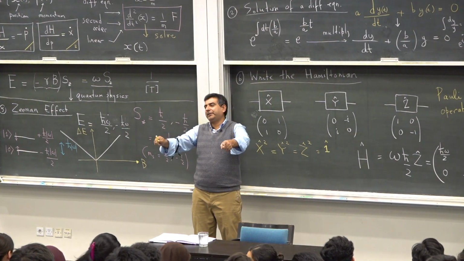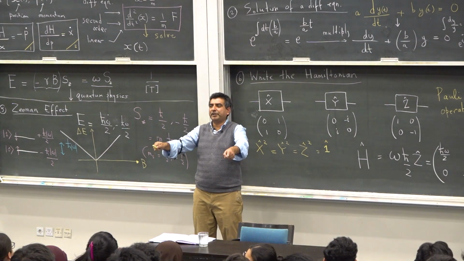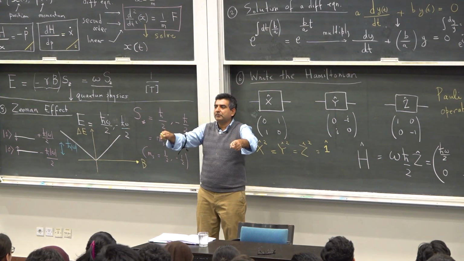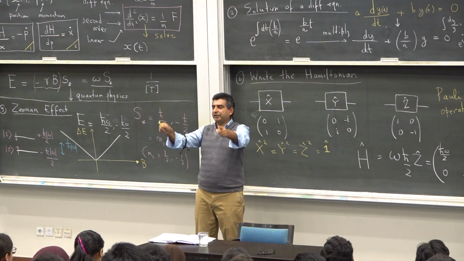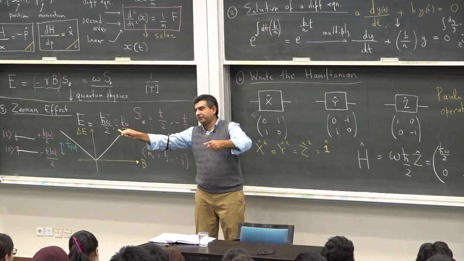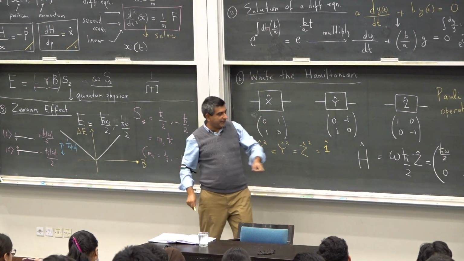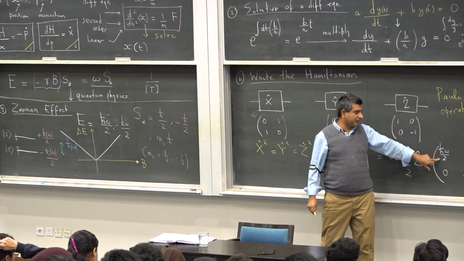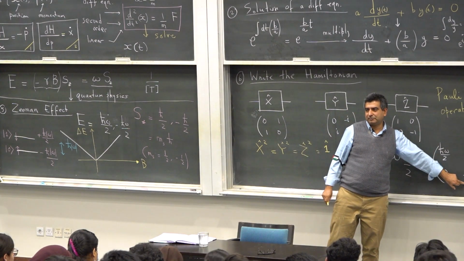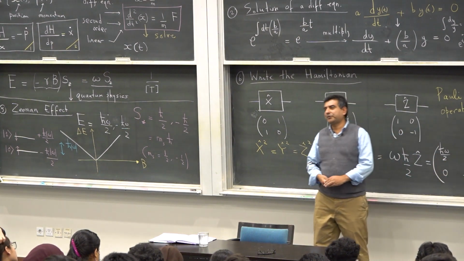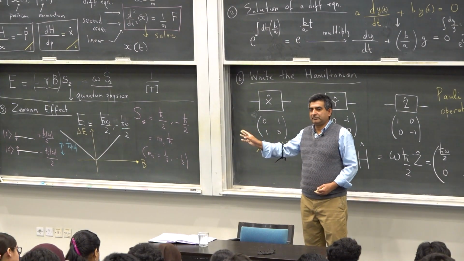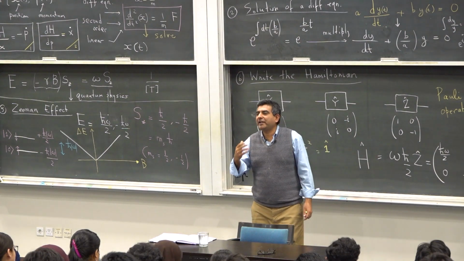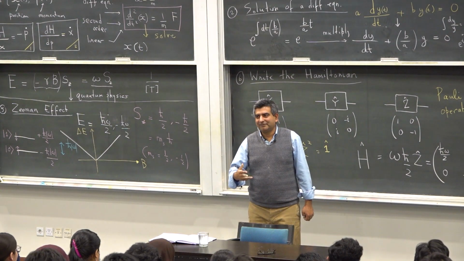The eigenvalues of the Hamiltonian are the energies. If you take this Hamiltonian, it has two eigenvalues, h bar omega over 2 and minus h bar omega over 2. Those eigenvalues are the energies. One day you will study eigenvalues.